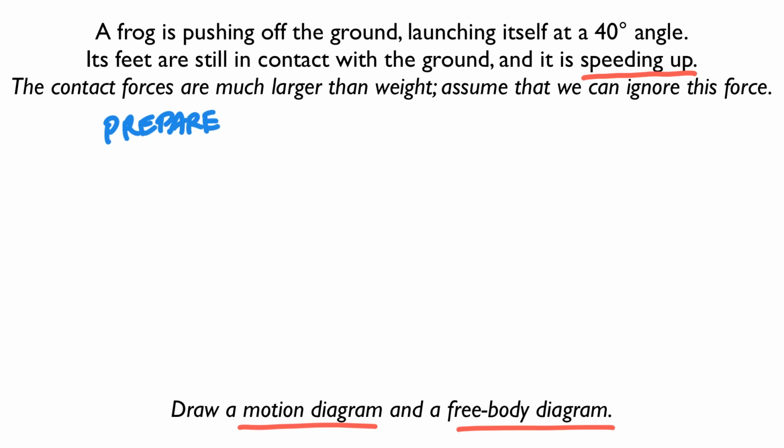My two pictures are a motion diagram and a free body diagram. The motion diagram looks like a series of dots that are getting farther apart. The frog is moving in this direction and it is speeding up. And so there is an acceleration that is directed this way. If that's true, there's also a net force that is directed this way. I know that has to be true.